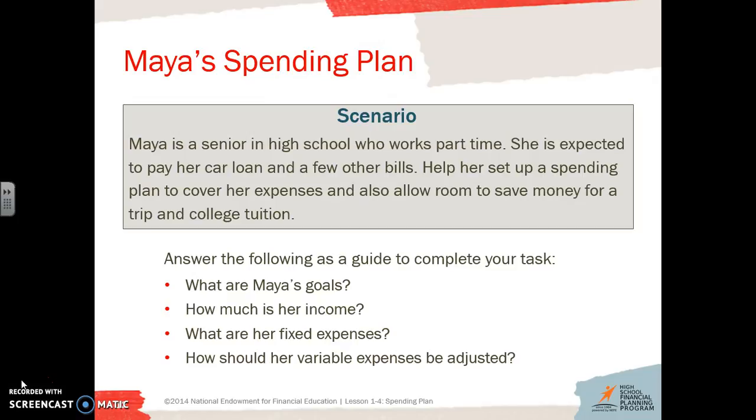Help her set up a spending plan to cover her expenses and also allow room to save money for a trip and college tuition. So here's what we have to discuss as we're going through this task. What are Maya's goals? How much is her income? What are her fixed expenses? And how should her variable expenses be adjusted to fit into her income?